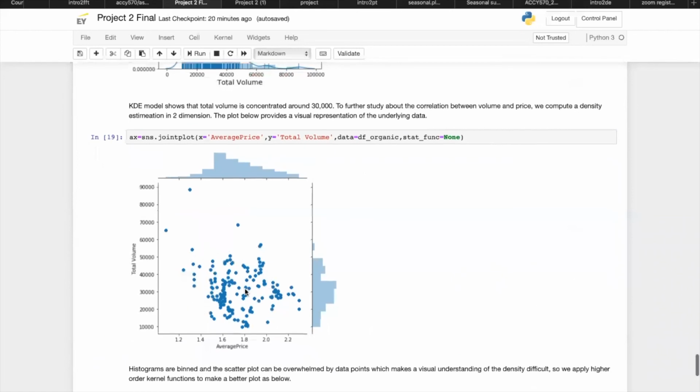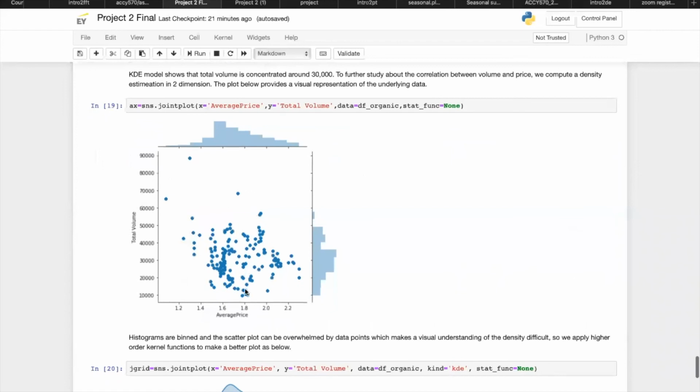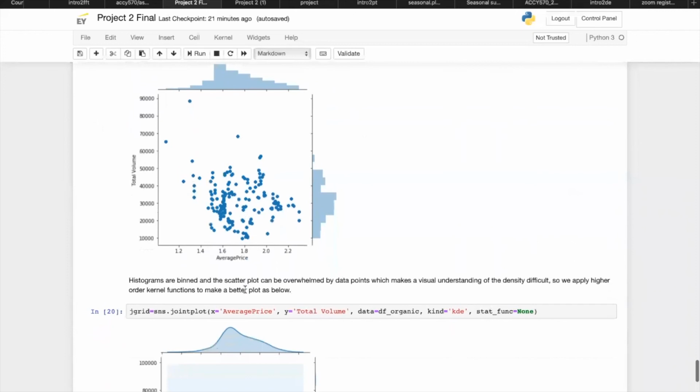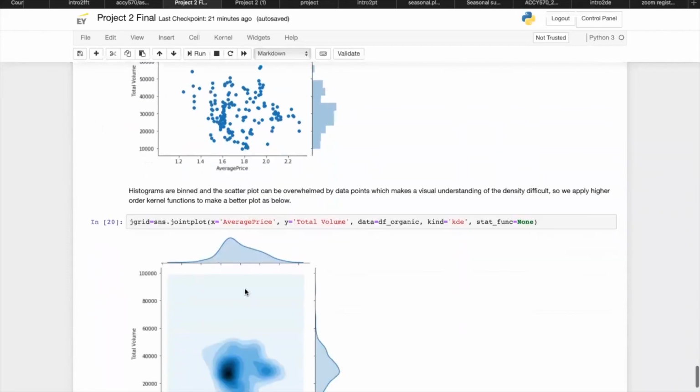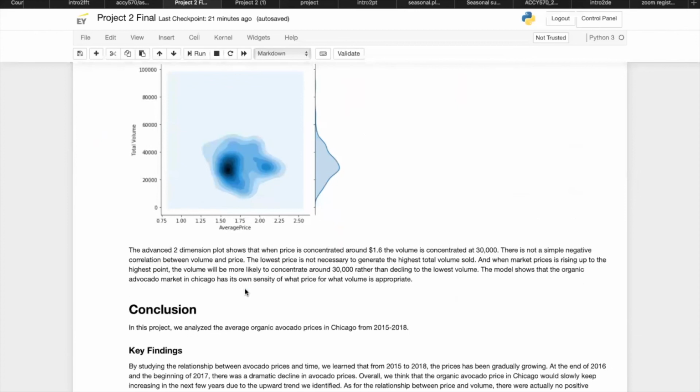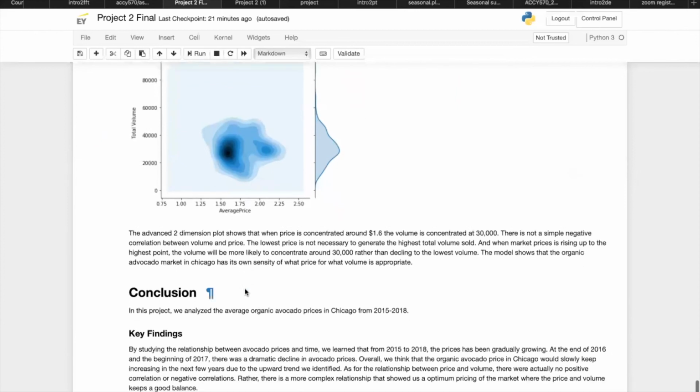And since the histogram bins could be overwhelmed, which could make a visual understanding of density difficult, we also create a better plot shown below. From this advanced plot, we find that when price is concentrated around $1.6 and the volume is concentrated at 30,000, there is not a simple negative correlation between volume and price, which means that the lowest price is not necessarily going to generate the highest total volume sold.